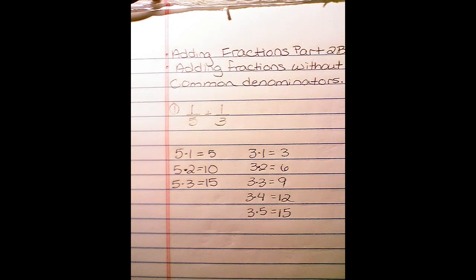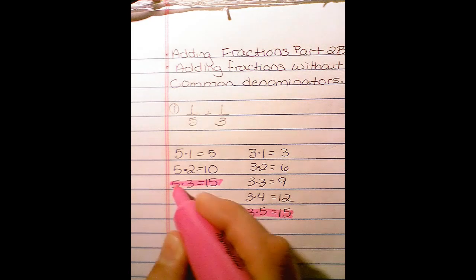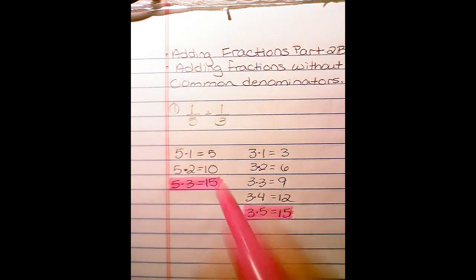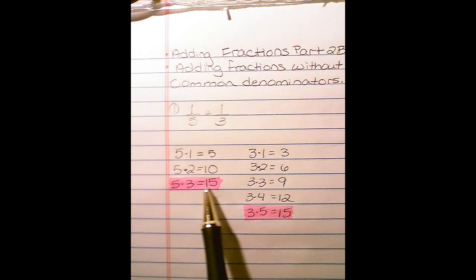Alrighty, and as I'm sure you can see what I see, right here we have what we are looking for. 5 times 3 is 15, and 3 times 5 is 15. Alright, so guess what number is going to be our common denominator? Our common denominator is going to be 15.